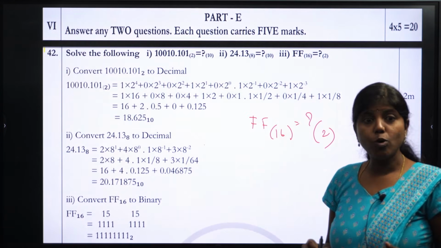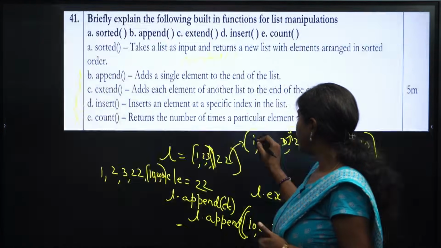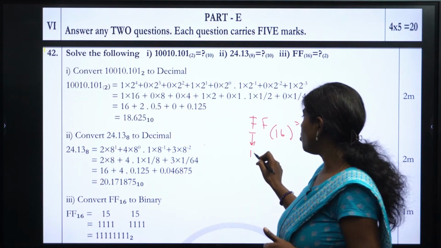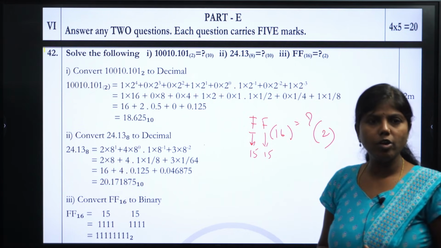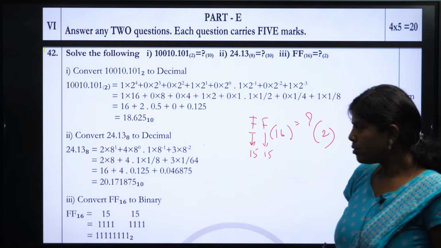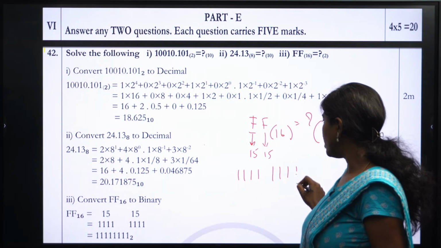Very simple. What is F here? F is going to be 15, no. This also is 15. This you have to convert into binary, no. 15 means you know. So the binary number for 15 is going to be 4 times 1, and this is going to be 4 times 1.